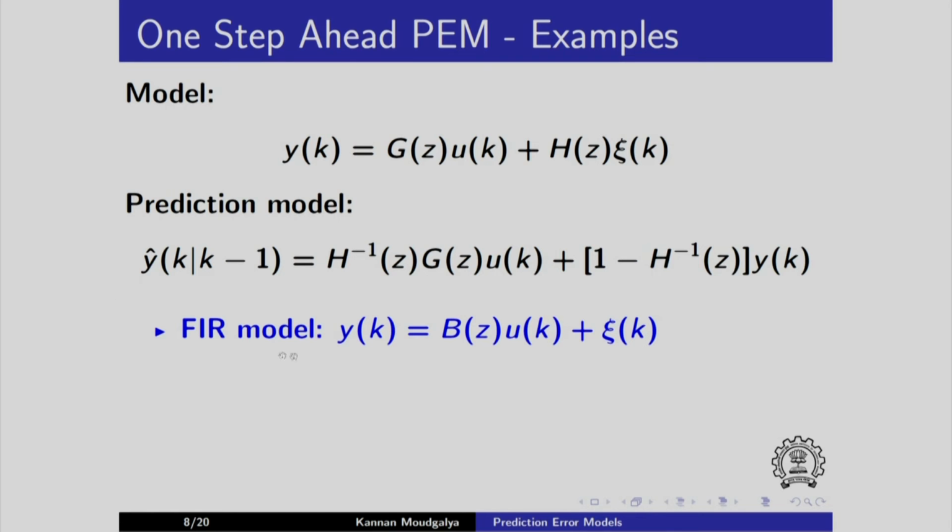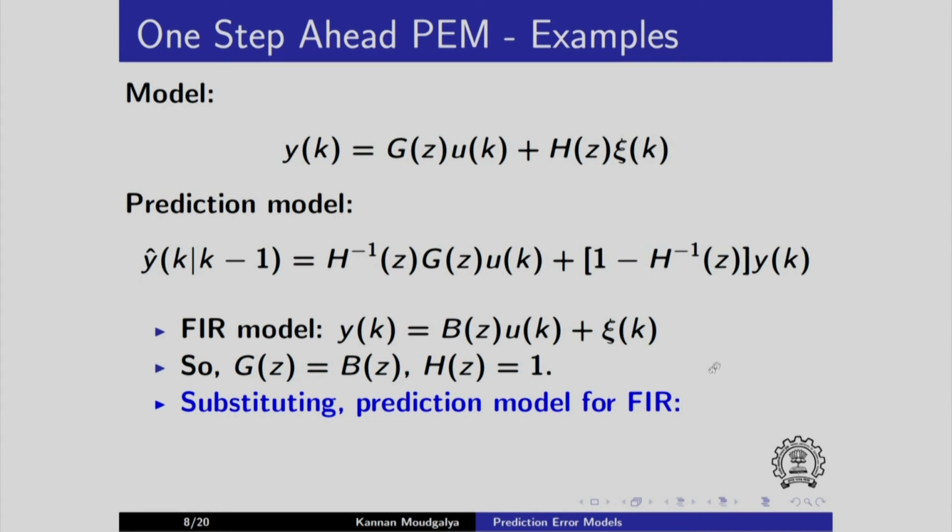Now let us take FIR model where we have G equal to B and H is equal to 1 here. So when I substitute here, the prediction model for FIR is this. Remember, this is exactly the expression I used in the previous video.